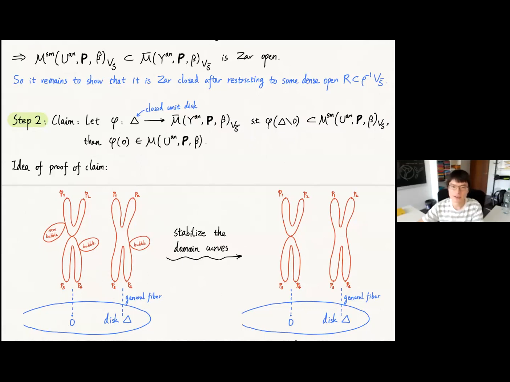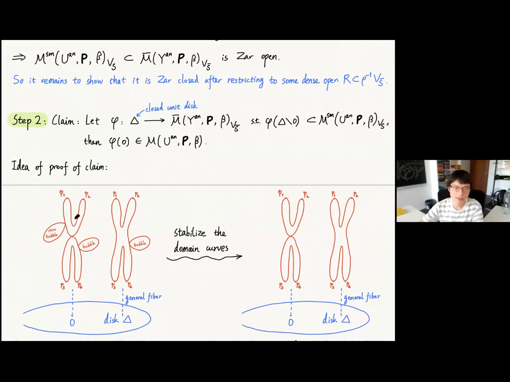They live in the smooth locus, and also their spines belong to Vs. Then we claim that the central fiber over 0, although it might not be as nice as the general fiber, will still have the correct intersections with the boundary.